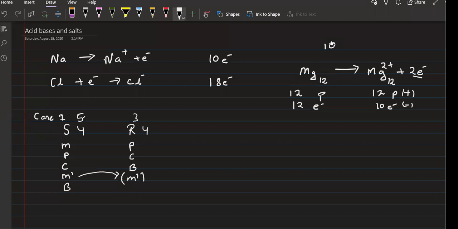Now just think about case 2. Suppose we have Arav and Madhur. Arav has a physics book, chemistry book, bio book, and Madhur has a maths book, physics book, chemistry book.